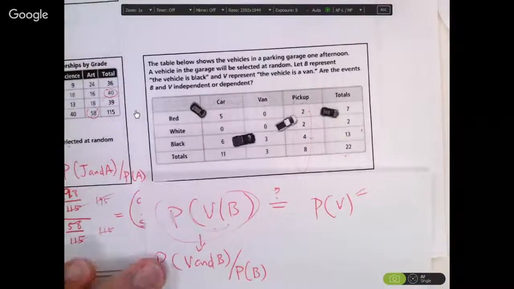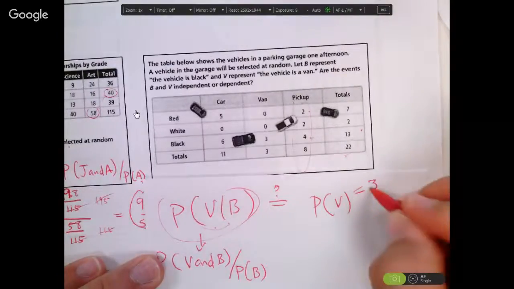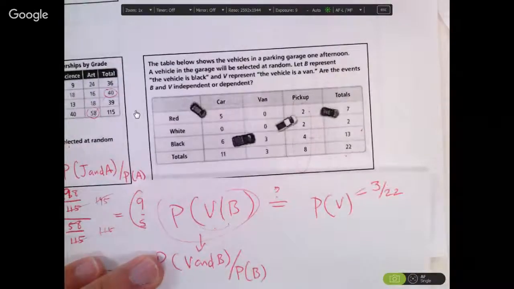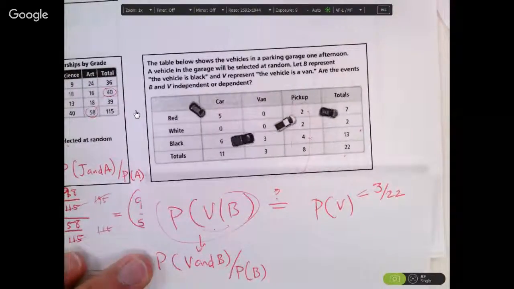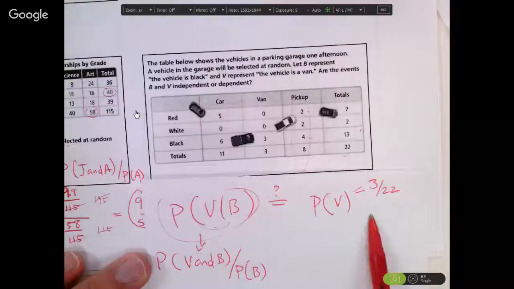What's the probability of being a van? Probability of being a van is 3 out of 22. Okay, that's still the same. And I'm not expecting this to equal 1 like it did last time. I just need to show that it doesn't equal this.